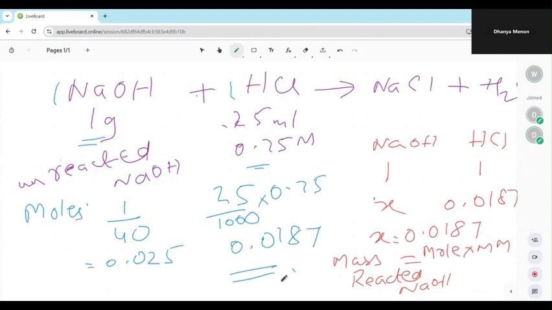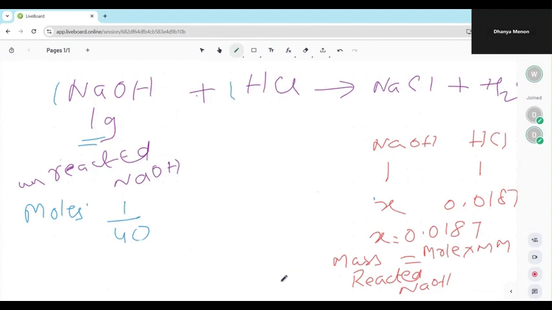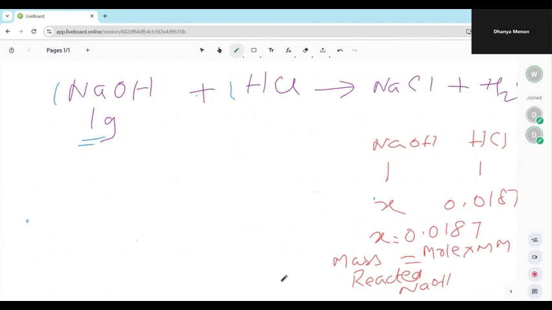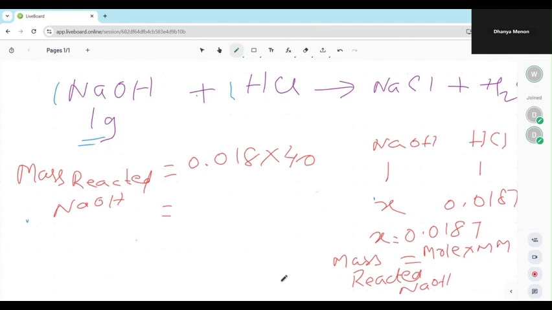So the mass of reacted NaOH is equal to the moles we found, 0.0187, times 40. We already found out the molar mass of NaOH is 40. It comes to 0.75 grams. This is for the reacted one.